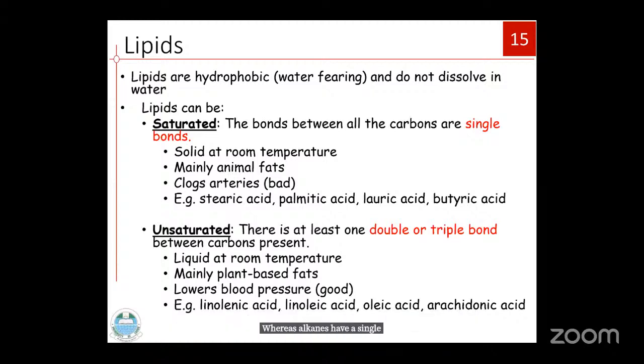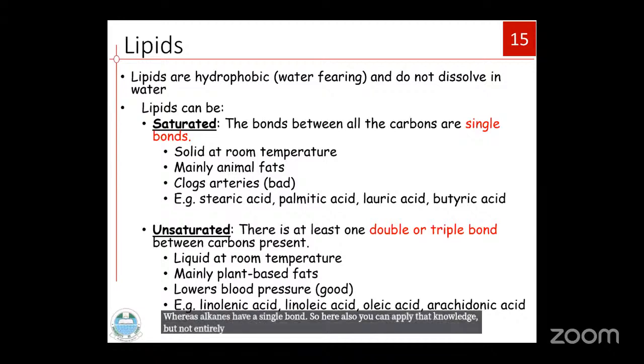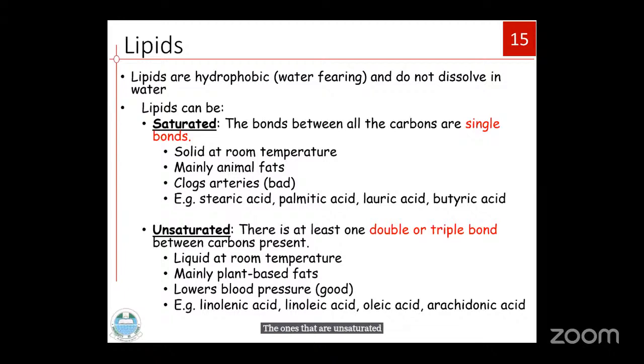So here also, you can apply that knowledge, but not entirely. Saturated fatty acids have single bonds, so you can picture your carbon chain with single bonds in it. The unsaturated ones have at least one or two double or triple bonds in them.